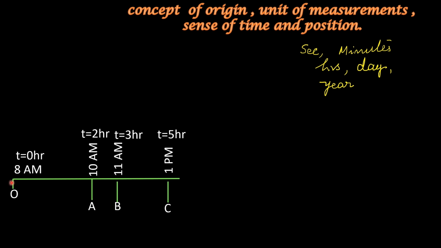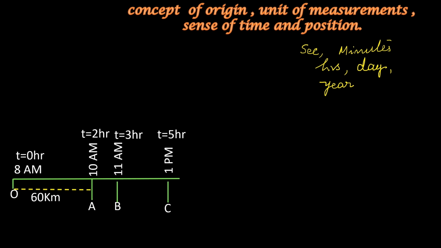The initial position, that is position at t equal to 0 hour, is at the origin. The initial position is taken as 0, whether the object moves towards the right or towards the left. The concept of time and position is the same because these quantities cannot be negative. Negative only suggests its direction of motion.